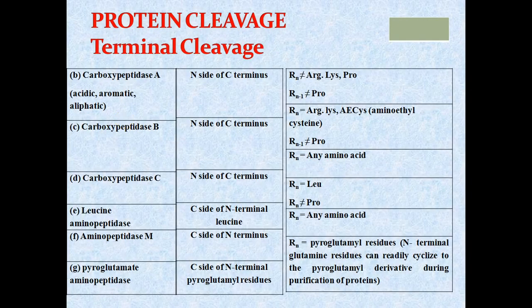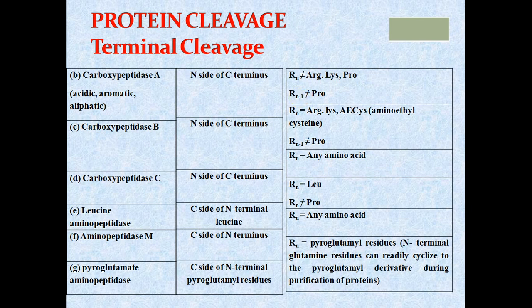The others are carboxypeptidase A, which cleaves the N side of the C terminus. That means the carboxy terminus and the left hand side. And R should not be arginine, lysine or proline, and at the Rn-1 position there should not be proline.